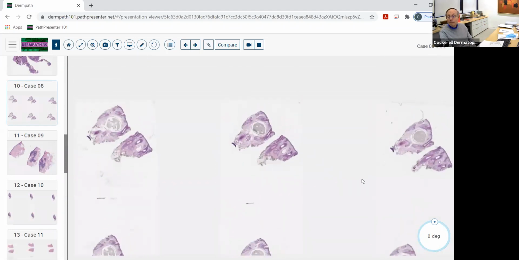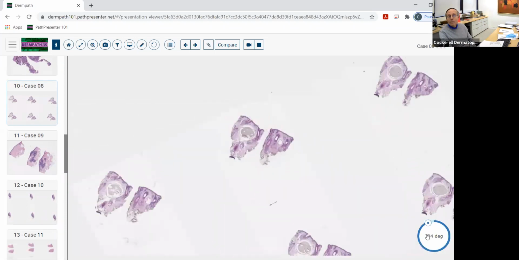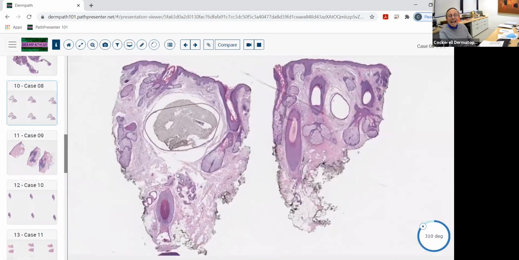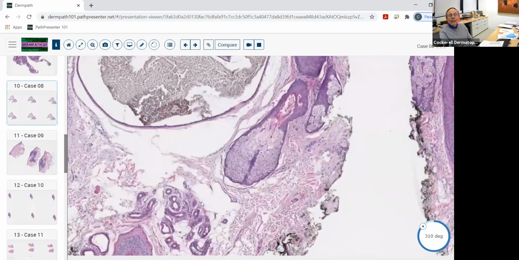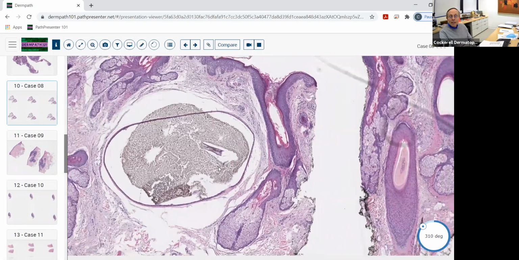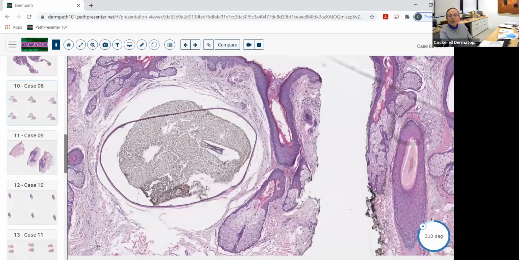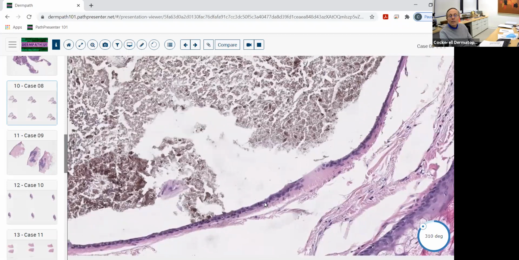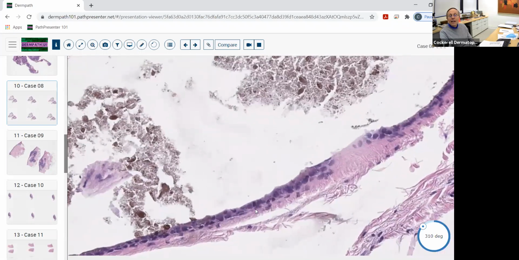Now, this lesion, kind of shifting gears a little bit, so we're moving away from an apocrine lesion to now what would be more characteristic of an eccrine lesion. So here we've got another cyst, and look at the lining here. It's lined by these very thin, probably 2 to 3 cell layers of these cuboidal cells, and this is an eccrine hydrocystoma, okay?